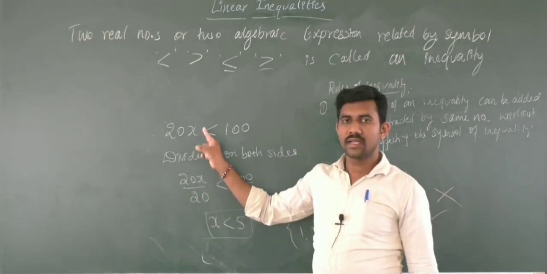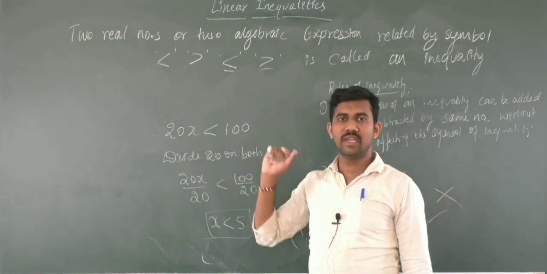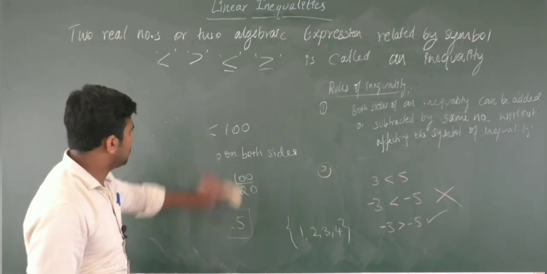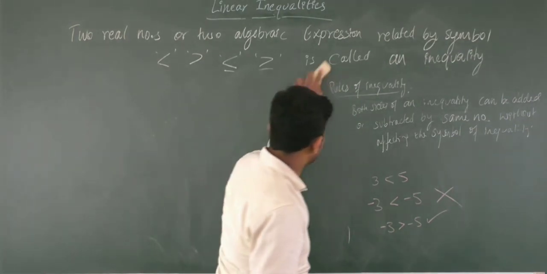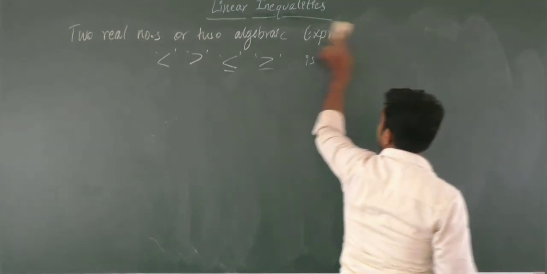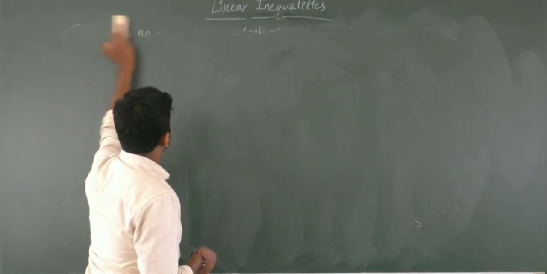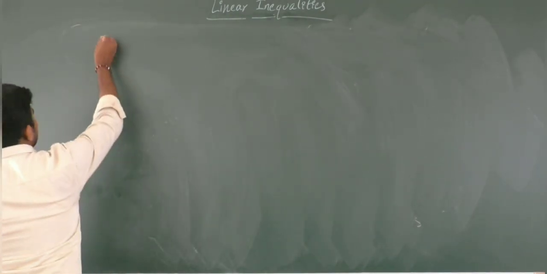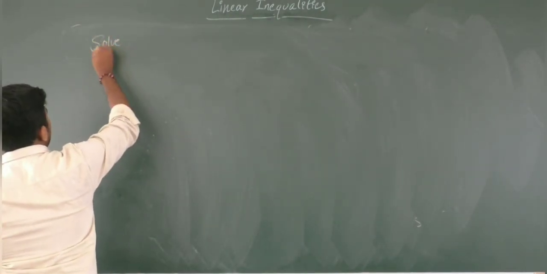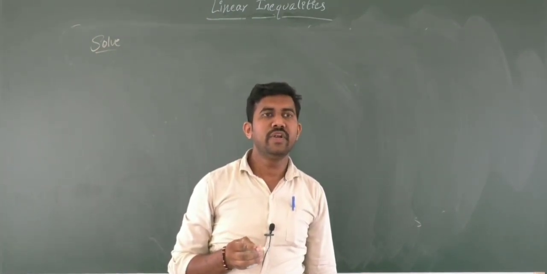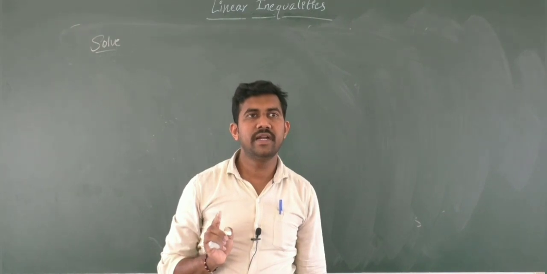When you have only one variable, see, they ask here: solve, means we need to find the solution of 24x less than 100.